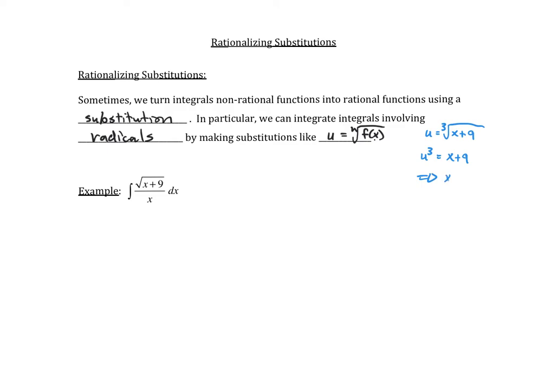This would mean that x was equal to u cubed minus 9, for example. And you could also solve for dx by differentiating. So this would mean that dx would be equal to 3u squared du. So you can totally make substitutions using these rationalizing substitutions.